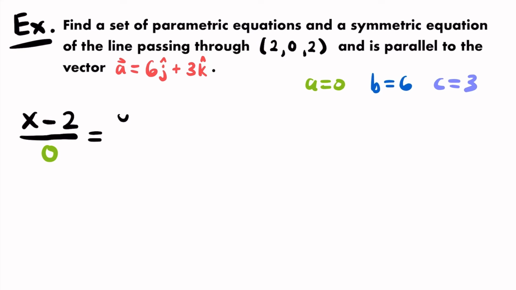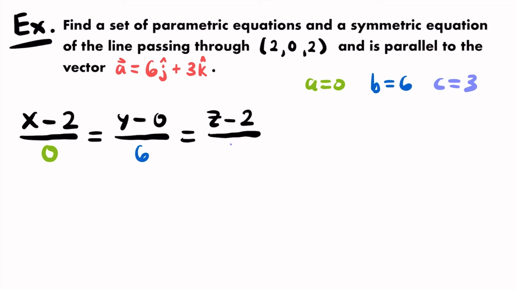Next, we would have y minus y1, or the y coordinate of our point, which is 0. So we'll have y minus 0 divided by b, which is 6. And then that will be equal to z minus z1, or the z coordinate of our point, which is 2. So we have z minus 2, and we're dividing by c, the z component of our vector, which is 3.